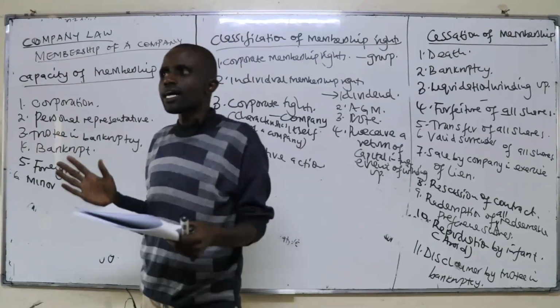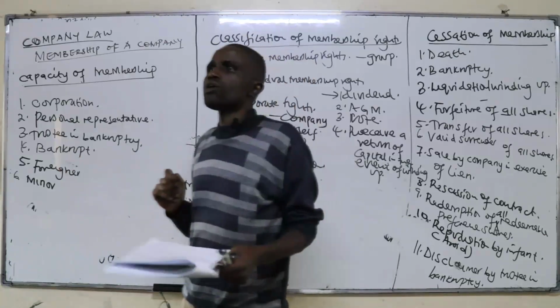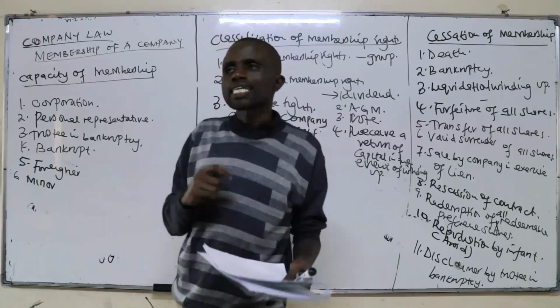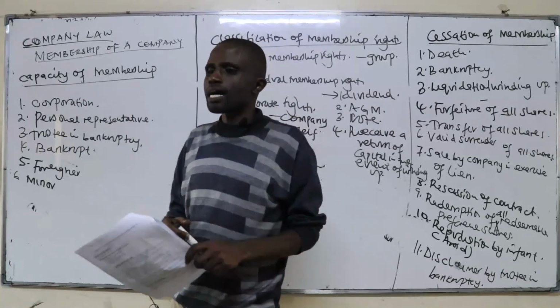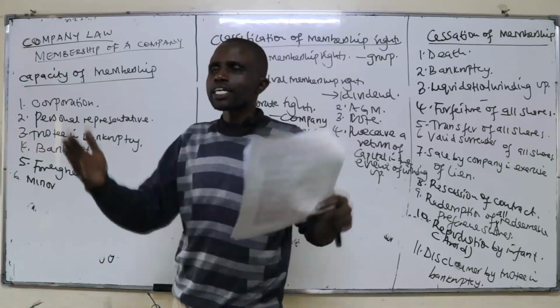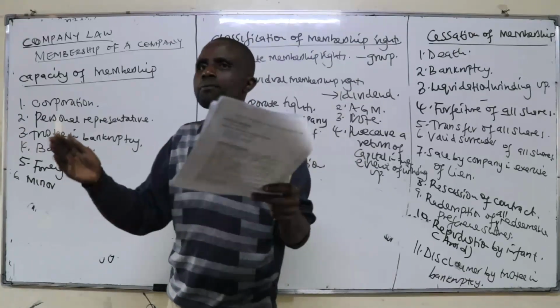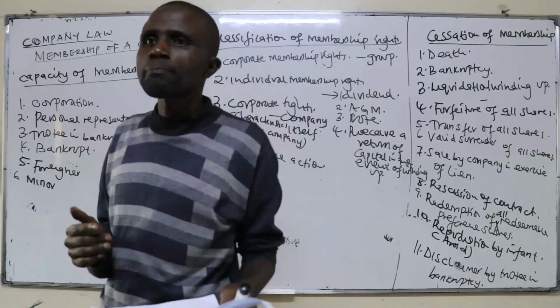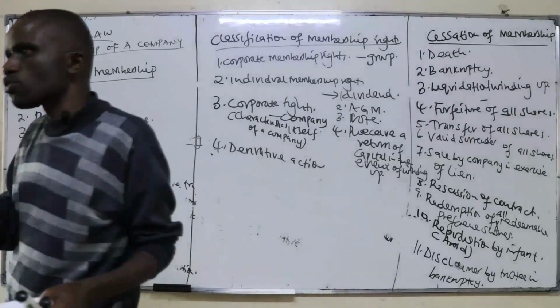Now, derivative action goes against the principle of Foss versus Harbottle. The case of Foss versus Harbottle elaborates, as in the case of Salomon versus Salomon, that the proper plaintiff is the company itself. Plaintiff means the person who can sue.